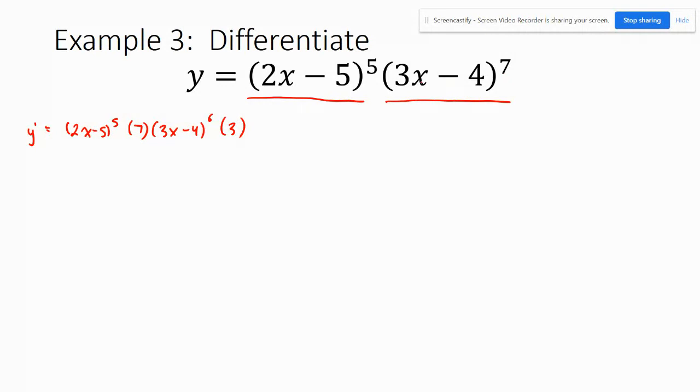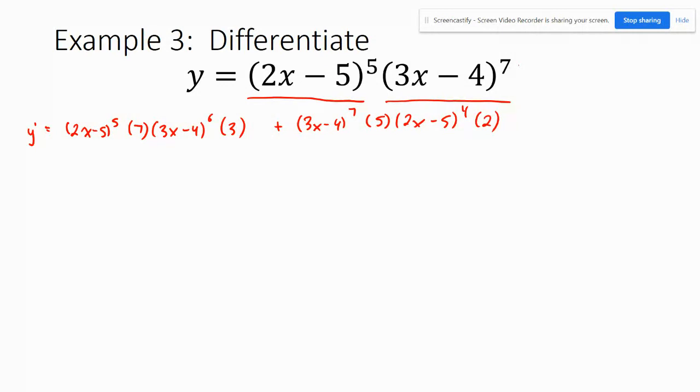When I'm taking the derivative of this guy, the 7 comes down and becomes (3x minus 4) to the 6th, but then I still need to take the derivative of the inside and have this 3 here. Plus second, first prime. So I have (3x minus 4) to the 7th, that's my second function. First prime, the 5 comes down, (2x minus 5) to the 4th, and now the derivative of the inside, the derivative of 2x minus 5, is 2.